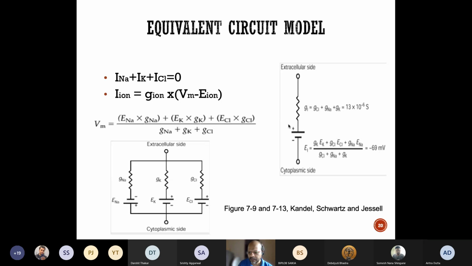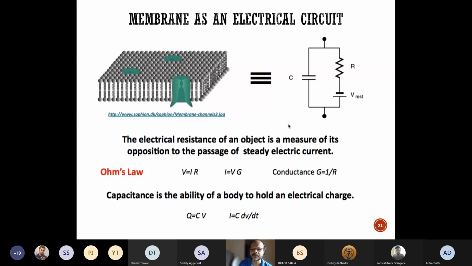I will show this in more detail in just a bit, but actually if you start injecting current, you don't see that. The reason you don't see that is because there's another element that we need to worry about, which is the membrane's capacitance. This is the thing that changes the game a little bit.